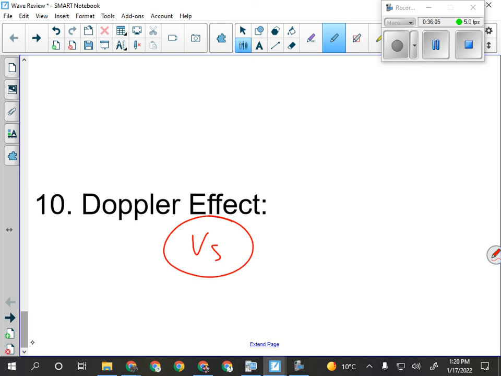Now, the best way for me to assess all of that stuff is to use a projectile motion question, because it requires you to do acceleration calculations, it requires you to do vector components, it requires you to do v equals d over t. Okay?